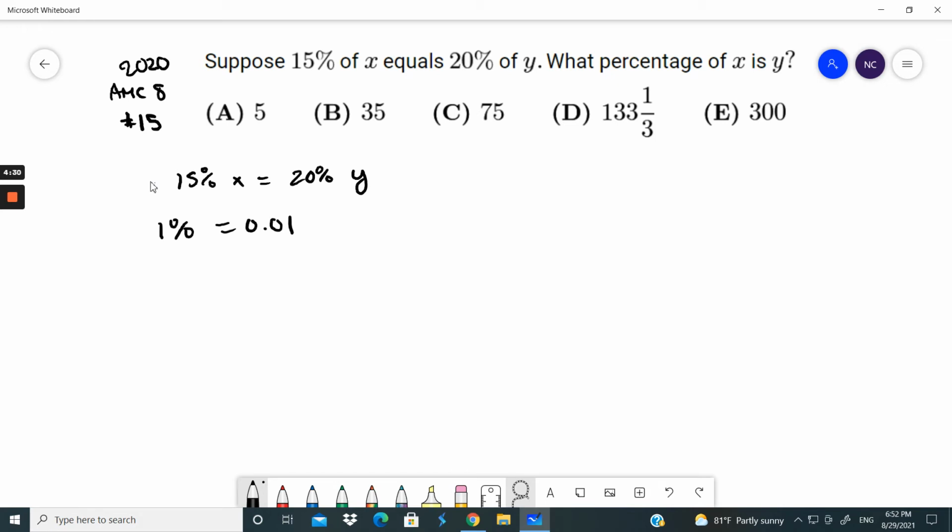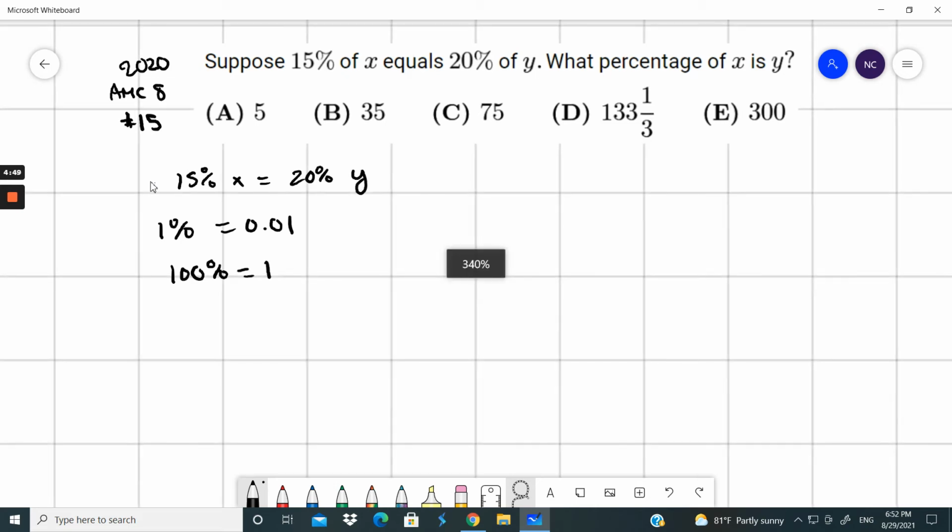Why is that? 100% of something is equivalent to multiplying something by 1. That makes sense because if you want 100% of something, you're getting all of it. So if you're multiplying something by 100%, you're essentially multiplying something by 1 to get exactly 1 times of it.